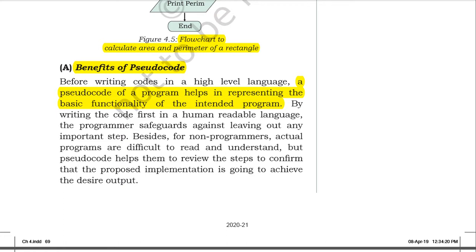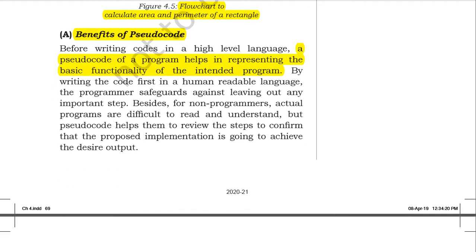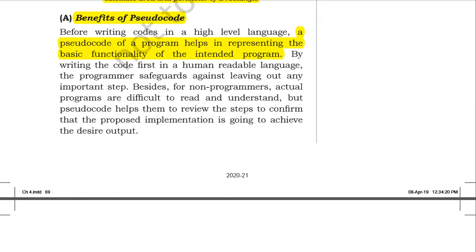Pseudocode is not a high-level language, but before writing code in a high-level language, a pseudocode of a program helps in representing the basic functionality of the intended program. By writing the code first in a human-readable language, the programmer safeguards against leaving out any important step. Besides, for non-programmers, actual programs are difficult to read and understand, right?